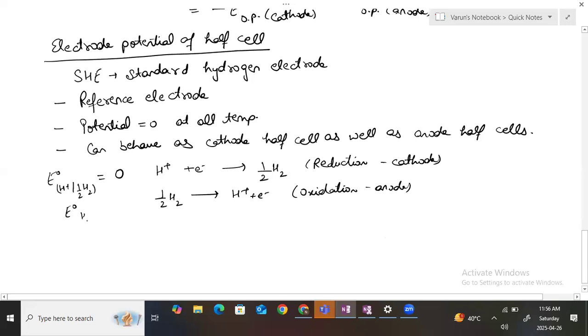Also, if I say the oxidation potential, are you getting the difference? What is the difference between the cathodic half cell reduction potential and the anodic oxidation potential? It is zero at all times.